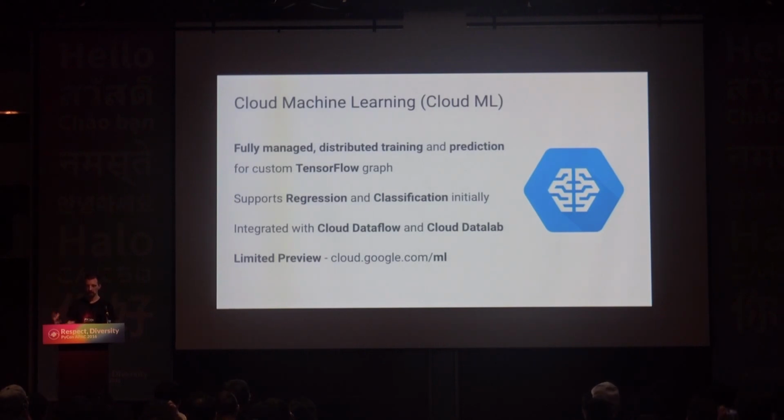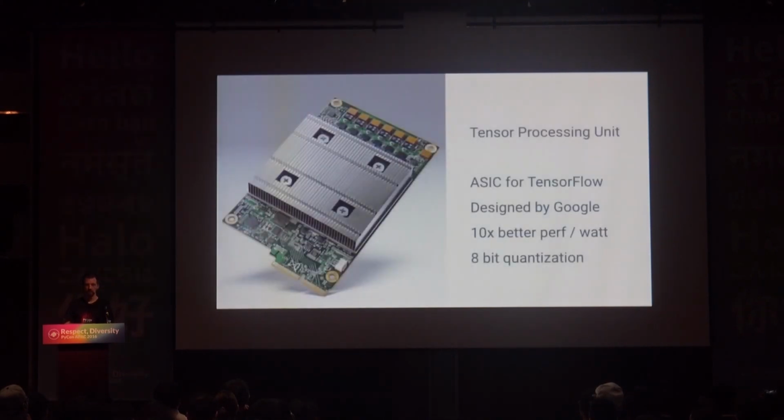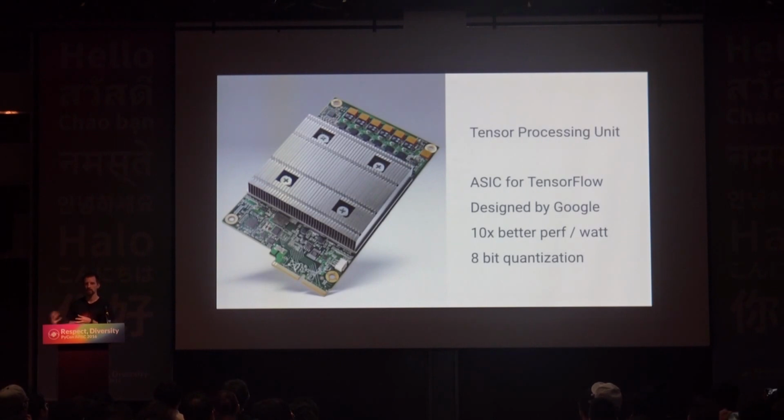This will allow you to build more powerful distributed models that you can use to train. This also allows us to develop things like custom hardware that can allow you to train machine learning models faster. These are called tensor processing units, but they are essentially just custom hardware that we can build in order to make machine learning faster.